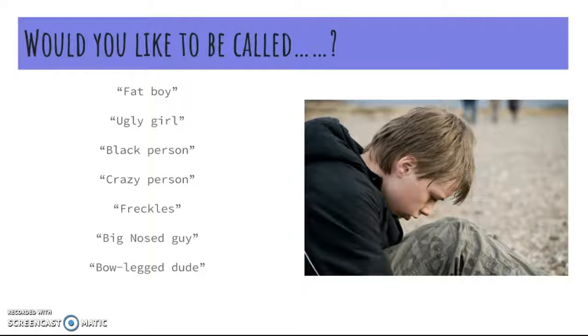A lot of people hear these words and they tend to identify a person with their description. Things like fat boy, ugly girl, black person, crazy person, freckles, even being called adjectives like bow-legged, big-nosed, tend to discriminate and dehumanize a person.